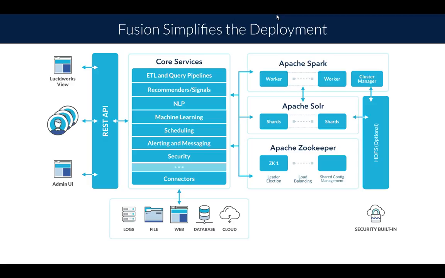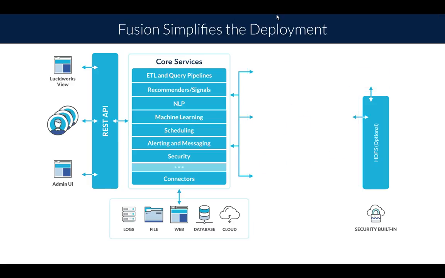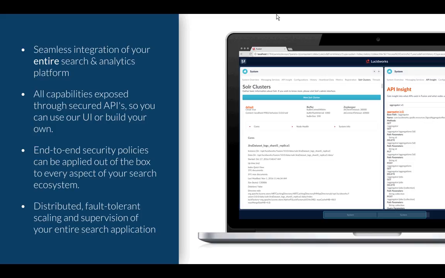Additionally, for cluster management, to be able to scale and configure your search cluster, we use Apache Zookeeper. This is all built into a platform for us, so we actually remove the complexity from you having to manage it, and so you see just the part. I mean, you can still access it, but you mainly focus on the part that's part of your search application and part of your data transformation and query pipelines, as opposed to managing all of the different bits and pieces that typically go into a cluster search.